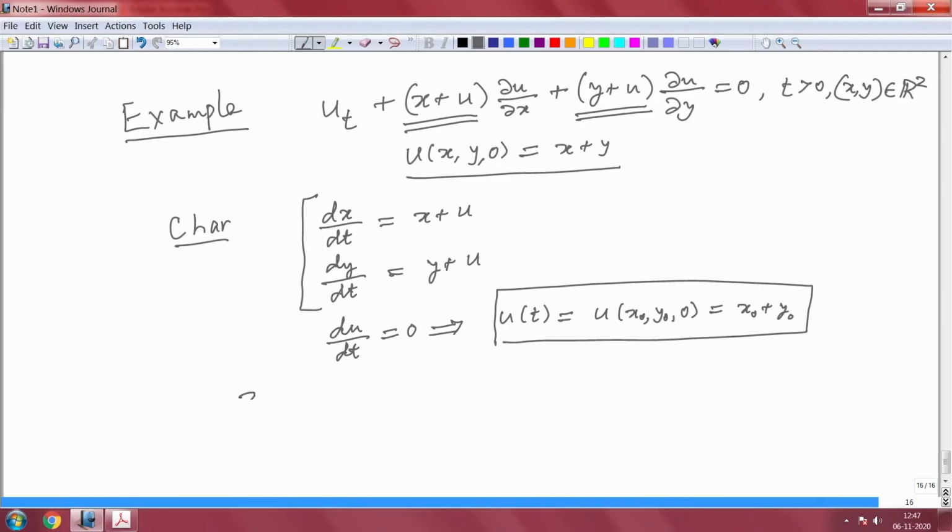So, we get x is equal to x 0, let me just write it here, x 0 plus, let me call this u 0 for simplification, u 0 e to the minus t minus u 0.